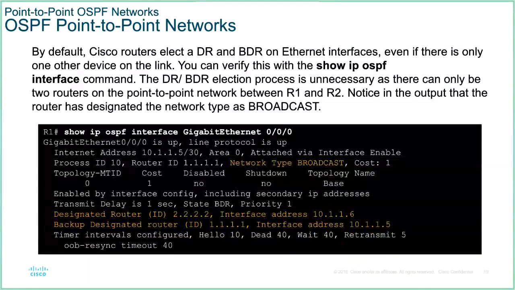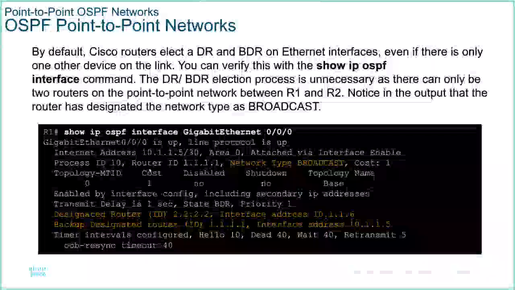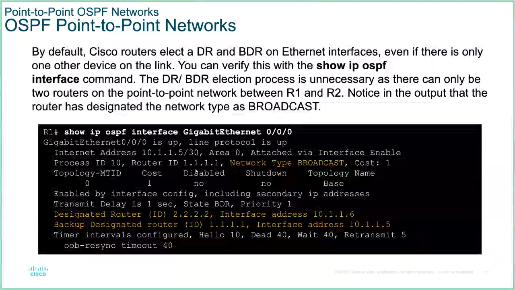So if we look at the OSPF interface command, show IP OSPF interface and specify the interface, or else you'll get all of the interfaces, which is information overload. Things we're looking for, as a general rule, are our IP address, the area we're attached to, what the process ID is, the router ID, and here in the yellow we're looking at the type of connection it is.